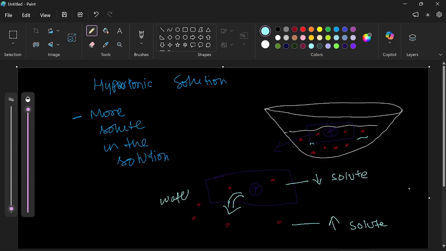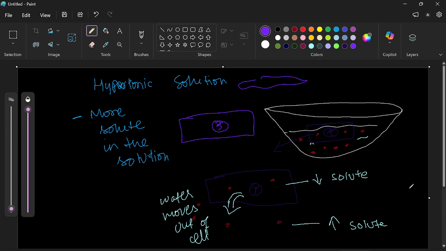Water moves out of the cell. And what will happen? The cell will lose excessive water, and due to this it will get shrunken.